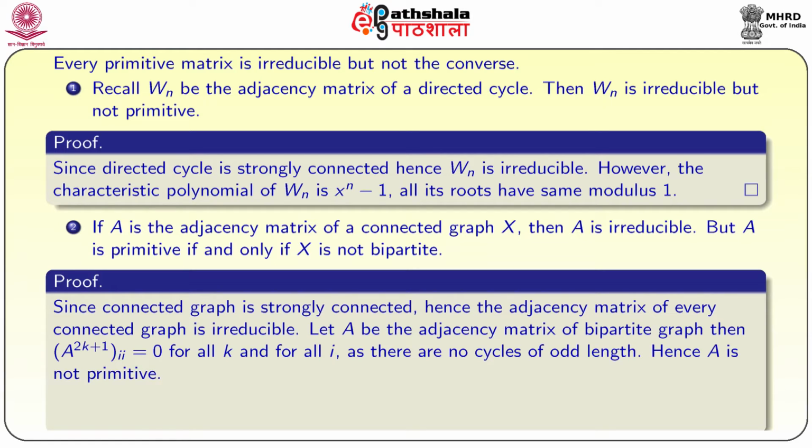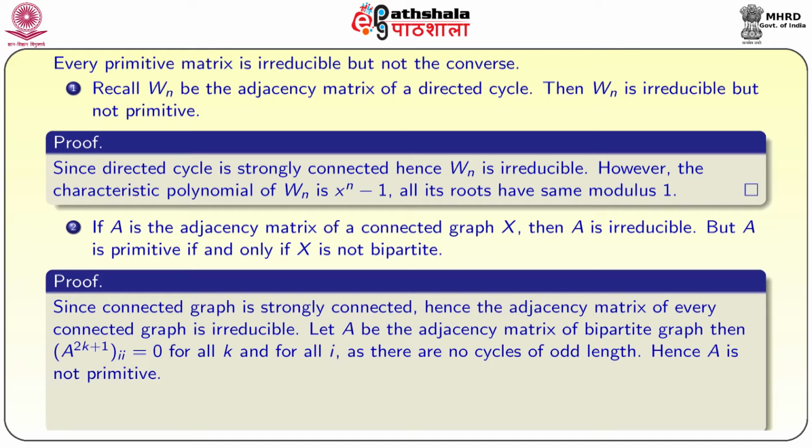Let A be the adjacency matrix of a bipartite graph, then the diagonal entries of A power 2k plus 1 are equal to 0, as there are no cycles of odd length. We know that a graph is bipartite if and only if there are no cycles of odd length.